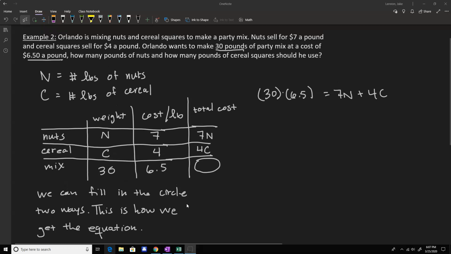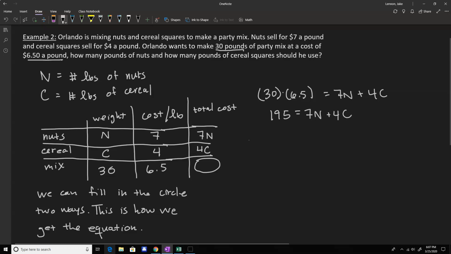So let's multiply 30 by 6.5 and reduce that equation. So this equation can be simplified to 195 equals 7N plus 4C.